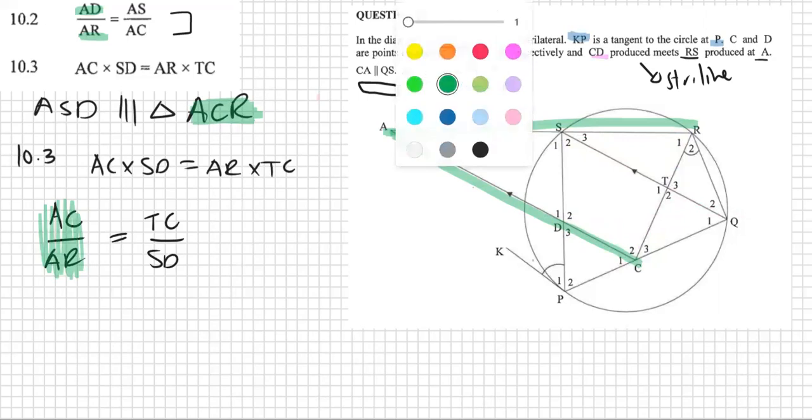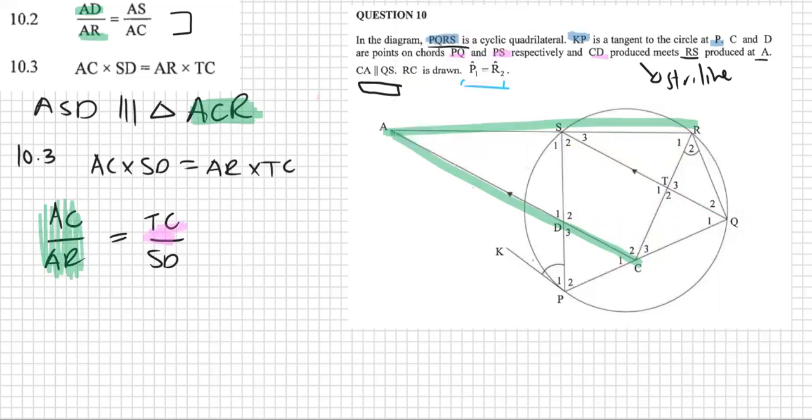Well, let's quickly, just for interest's sake, see where our others are. Where are TC and SD going to be? TC is here, and SD is here. SD is within the triangle that we were looking at before from the previous question.